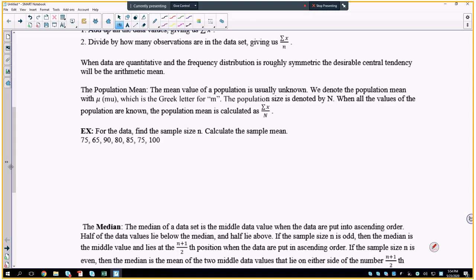But we do have a symbol for population mean, and we use this Greek letter mu, which is the Greek letter for the English letter M. The population size will be denoted by a capital N, whereas up here we used a little n.